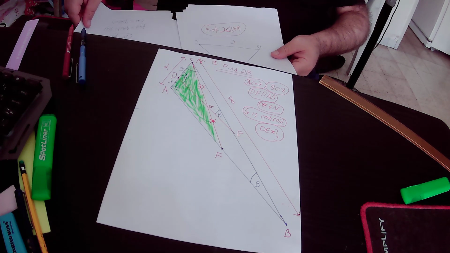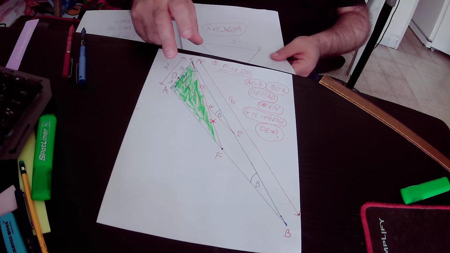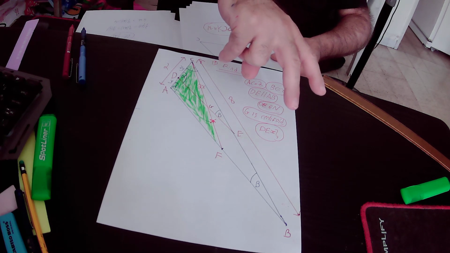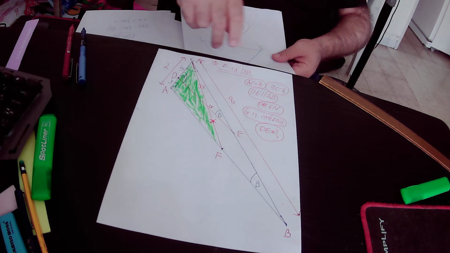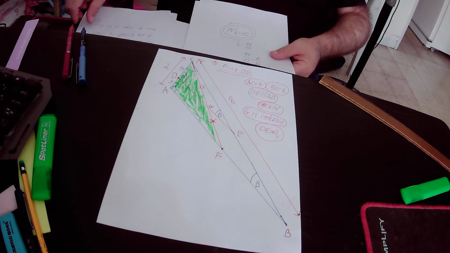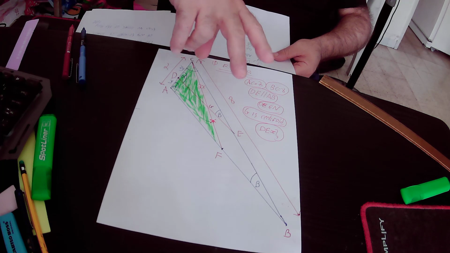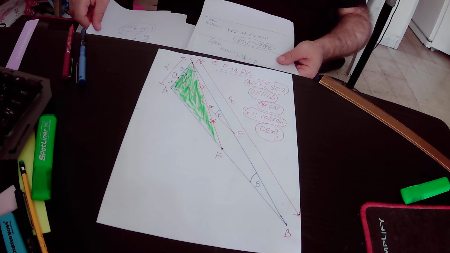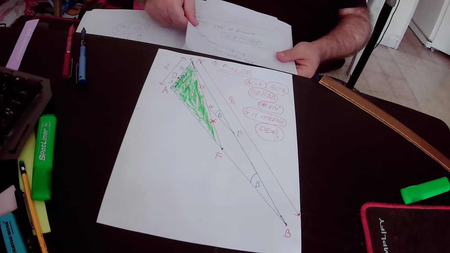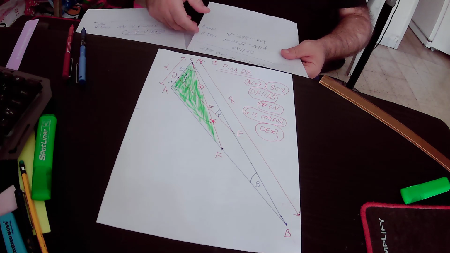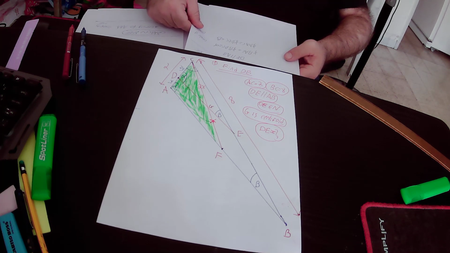We know that the size of CA in triangle ABC is 2 units, the size of side CB in triangle ABC is 8 units, and we also know that line segment DE is parallel to AB, and that DE belongs to the natural numbers. That is to say, the size of DE is a natural number.